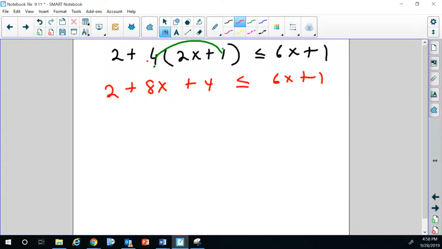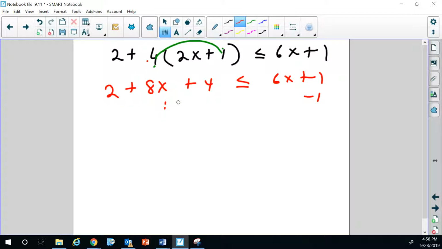Okay? Again, after you do this, you want to combine like terms. So I found kids, for instance, they want to subtract the 1 on the right side, but they come across here and then subtract the 1 from the 8x. Just can't do that.